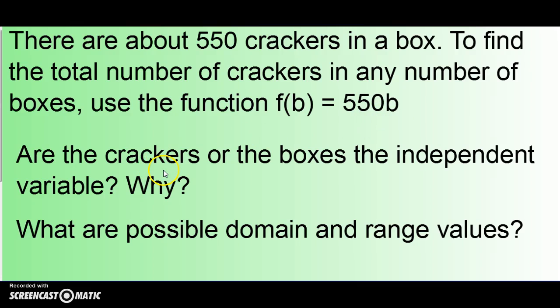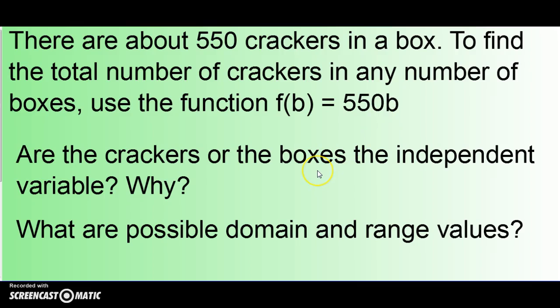So are the crackers or are the boxes the independent part? The independent part are the boxes because we can pick whatever we want that to be. We can say if there's 3 boxes, 5 boxes, or 10 boxes.